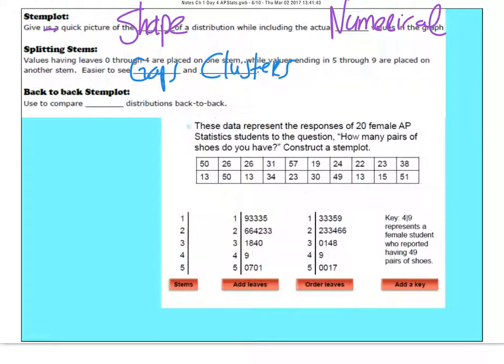If you do a basic stem plot and it's hard to read the data and look at the pattern, that's why you might split the stems. We'll look at an example in a little bit. A back-to-back stem plot is used to compare two distributions. Maybe you sample some girls and some boys about the same thing, their number of shoes, and make a back-to-back stem plot. We'll actually see that on the next slide.